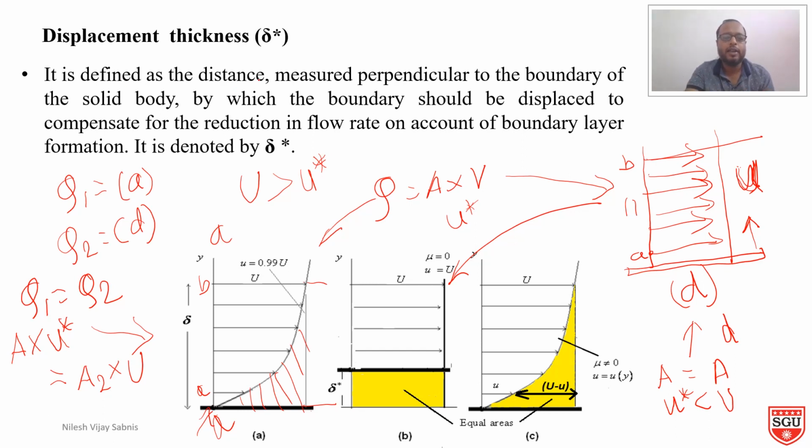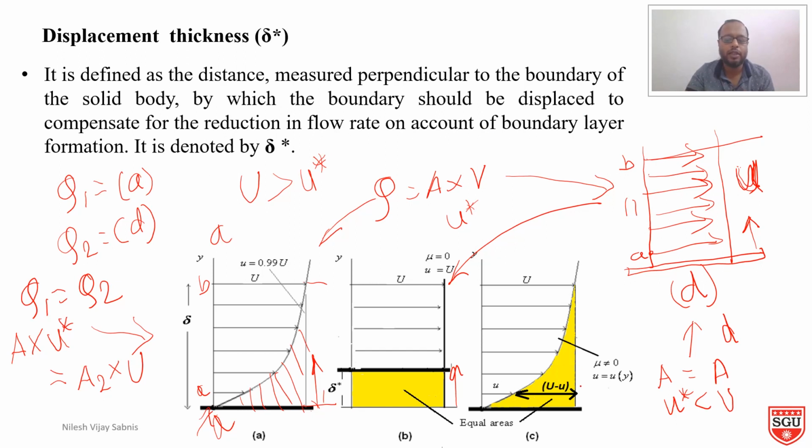It is defined as the distance measured perpendicular to the boundary. This is the perpendicular distance by which the boundary should be displaced. We are displacing the boundary to compensate for reduction in flow rate. So we are having the reduction in flow rate, as we have discussed, on account of boundary layer formation.